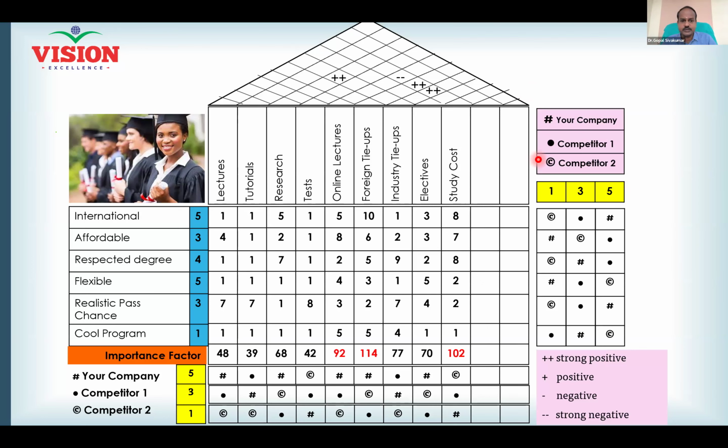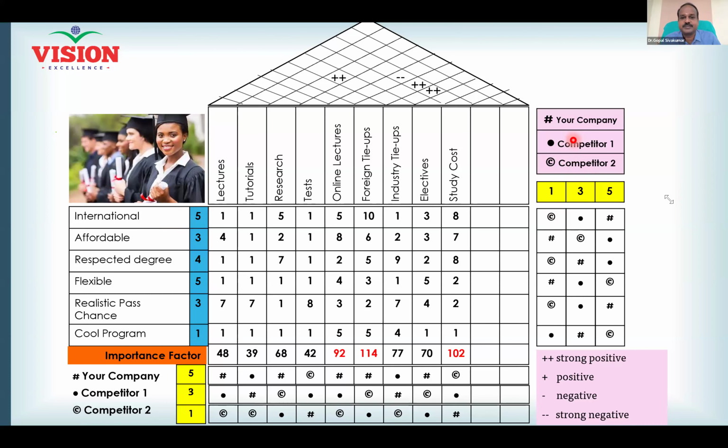Now, with respect to the first feature, what is the first feature? International tie-ups. Where is your company standing? Your company is indicated by the hash symbol, competitor 1 is the dot, and competitor 2 is the copyright symbol. Now tell me, what is the rating for your company or institution with respect to international tie-ups? 5. That means you are really doing well in the market.